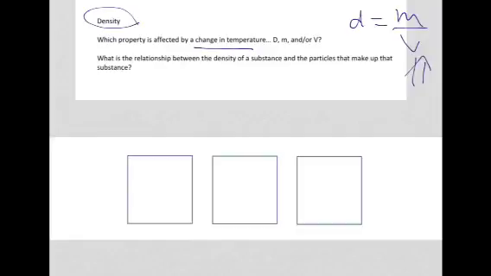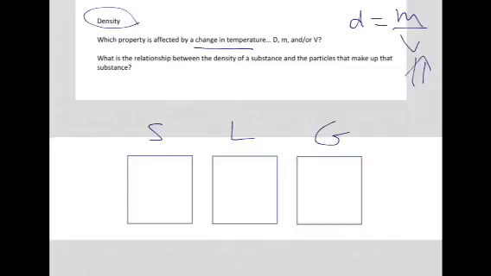Volume. Now, typically what happens with any substance is that as you go from, let's say, a solid to a liquid to a gas, the particles that make up the substance are spread further apart. And of course, you see these three boxes.